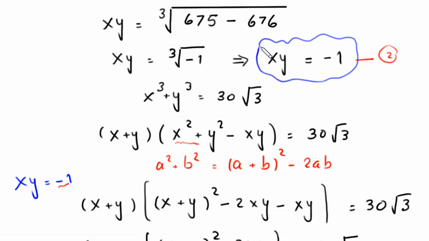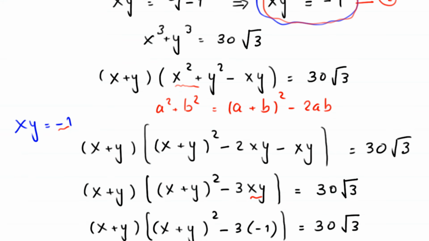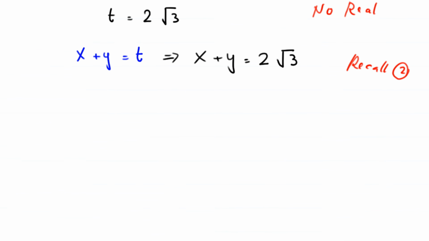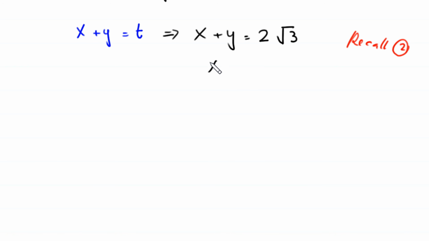Equation 2 is x times y equal to negative 1. From the previous equation, if we move x to the right hand side, then y will be equal to 2 times root 3 minus x. So in this equation we replace y with 2 times root 3 minus x.